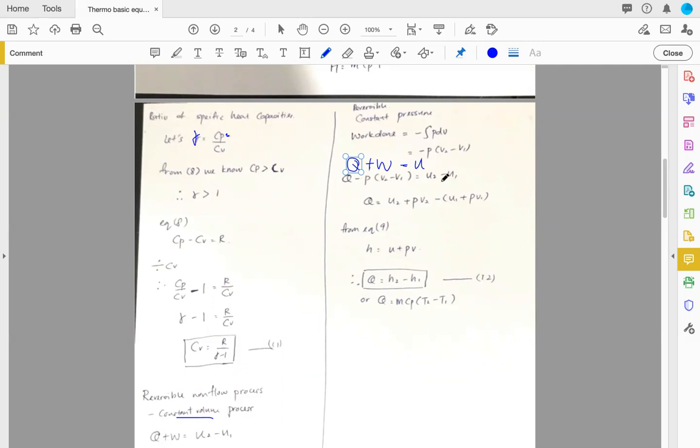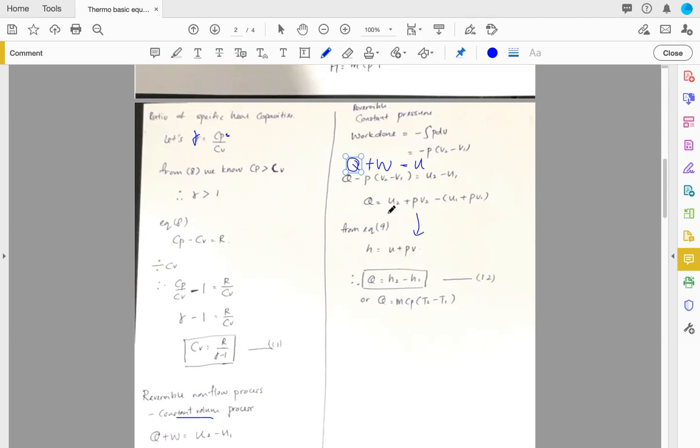So we put everything in there, and we can rearrange this equation into U2 plus PV2 minus U1 plus PV1. And this arrangement is quite similar to the specific enthalpy equation, isn't it?